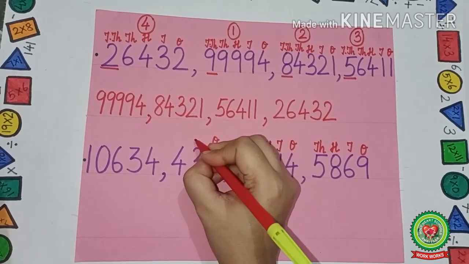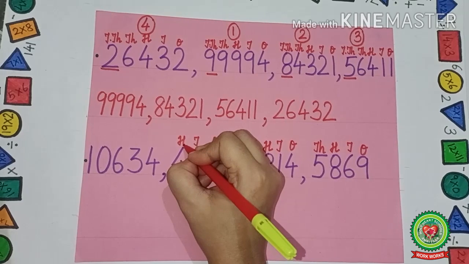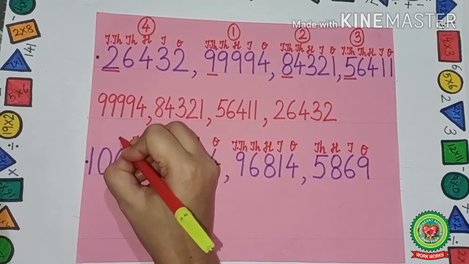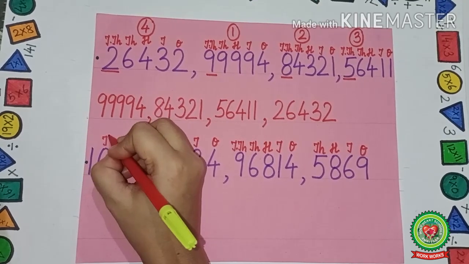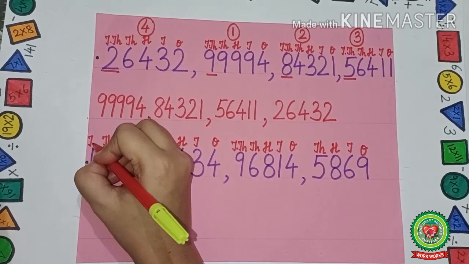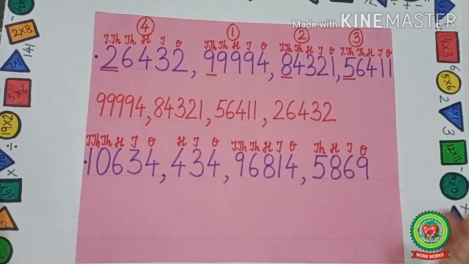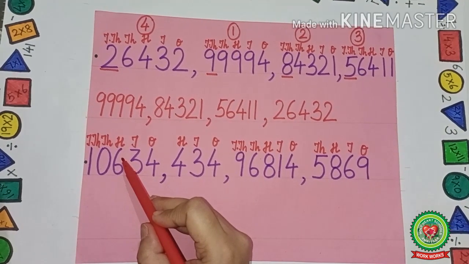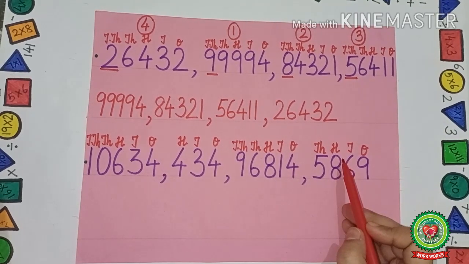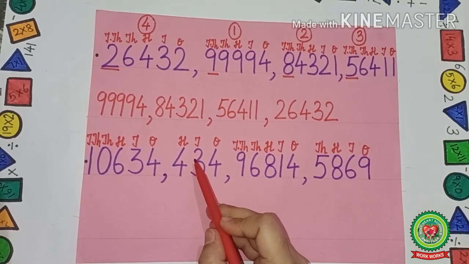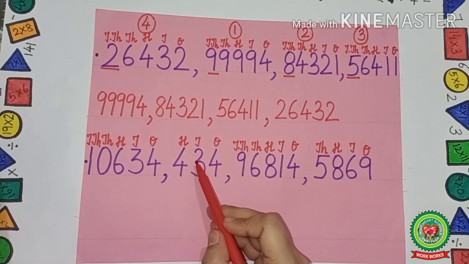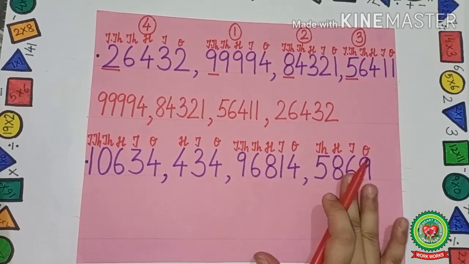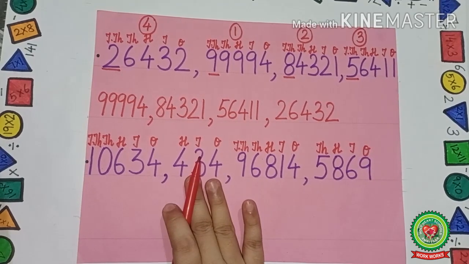Again ones, tens, hundreds, thousands, and then 10,000s. Now kids, notice that these two numbers are going till 10,000s. This number is going till thousands, and this number is going till hundreds. So in the descending order, first 10,000s will come, then thousands will come, then hundreds will come.